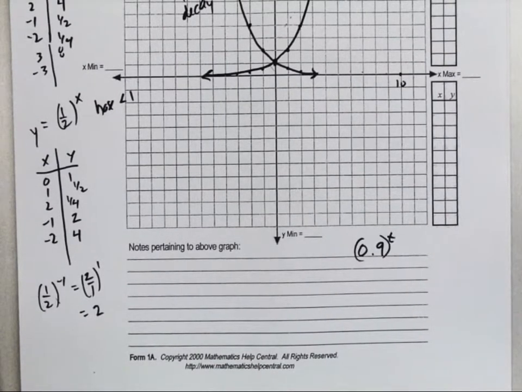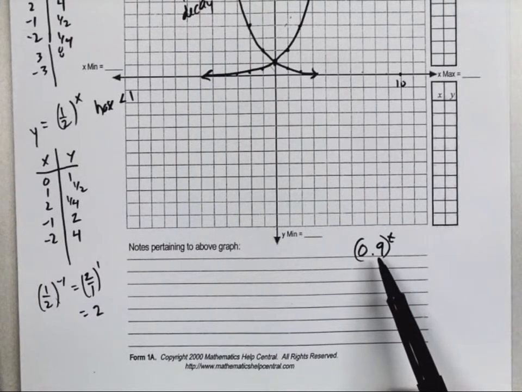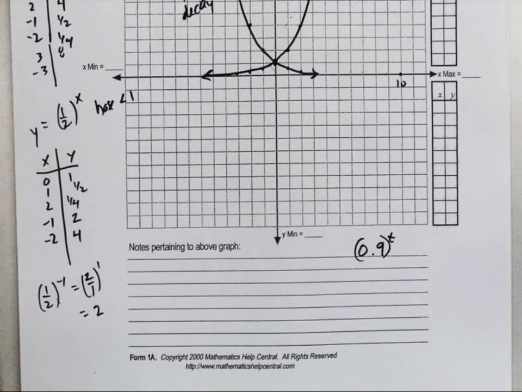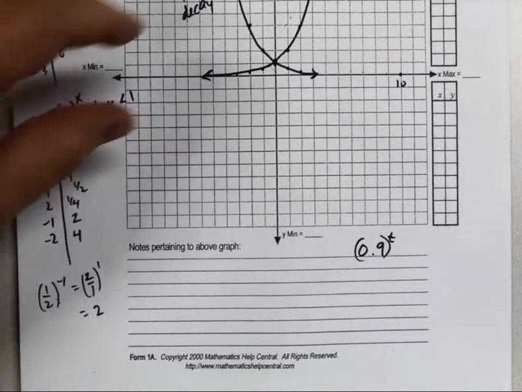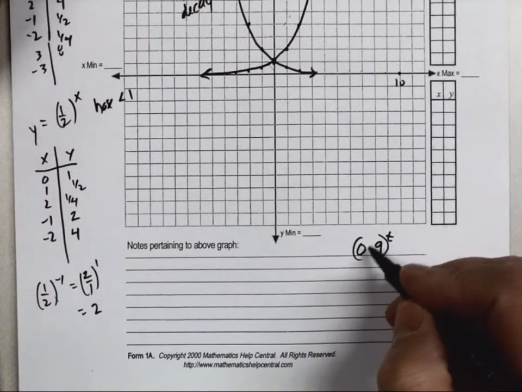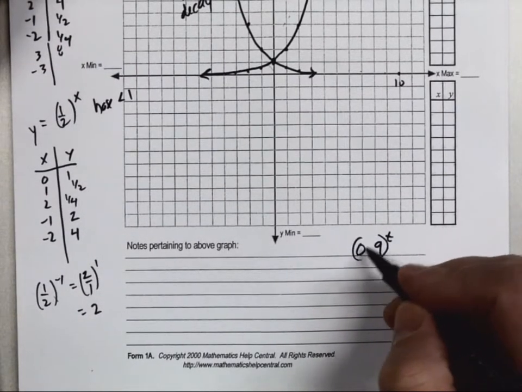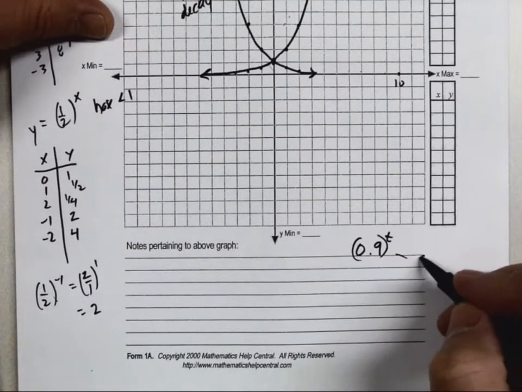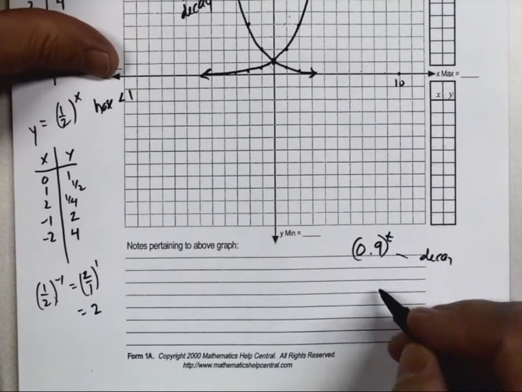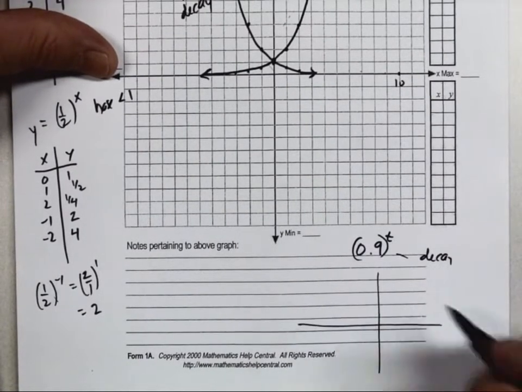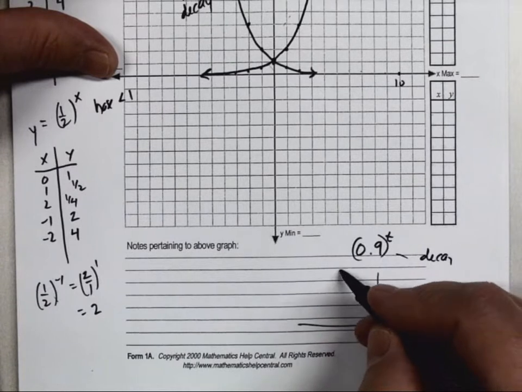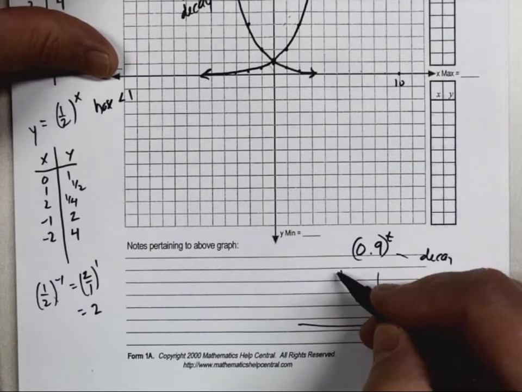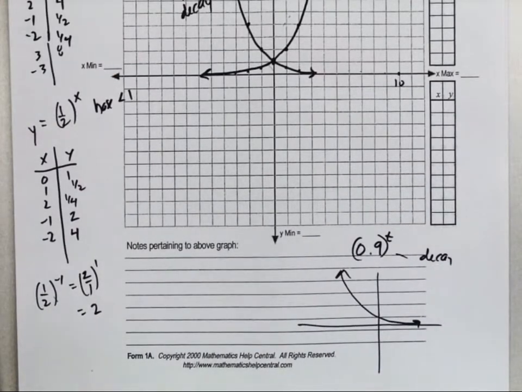So t is just a number that's increasing. If I had this kind of expression in my function, what kind of graph would I have? Well, the key is, look at my base. Since the base is less than 1, this is going to be a decaying graph.